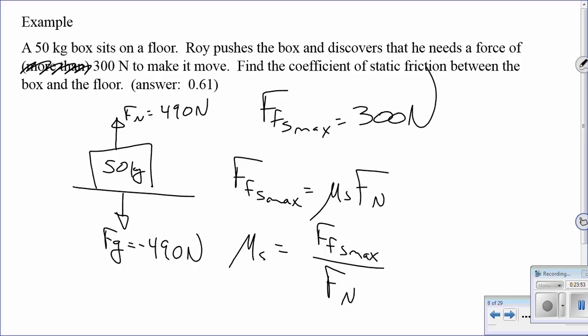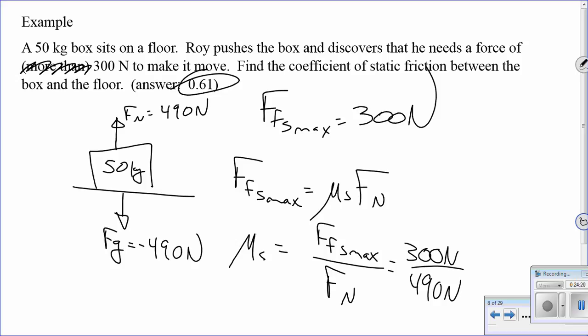Just algebraifying that. There you go. Okay. That's pretty good? All right, so just plug in your numbers. Your maximum friction is 300 newtons. Your normal force is 490. So divide it and you get 0.61.